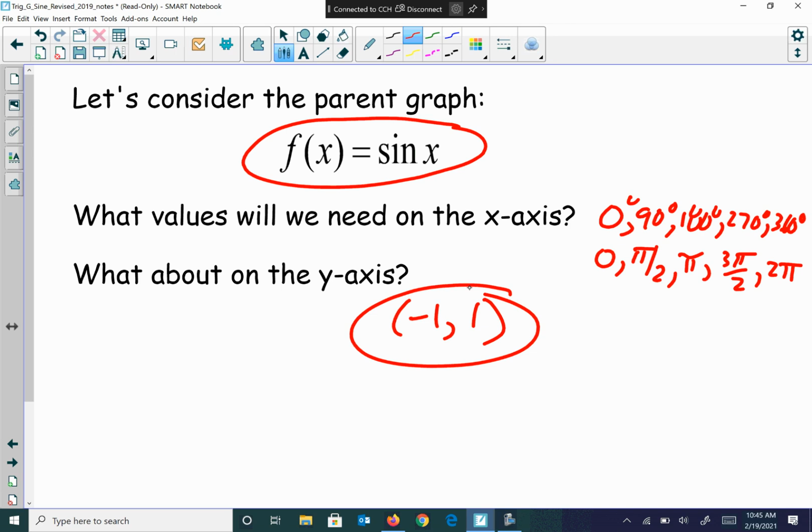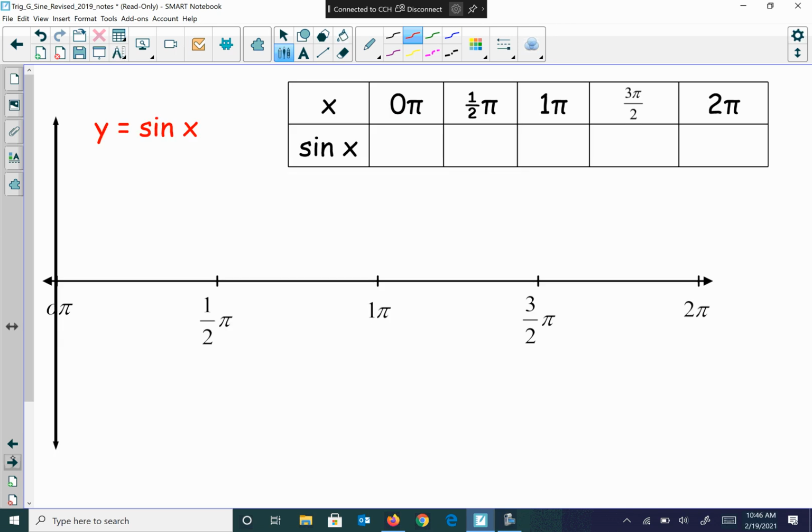Okay? So I know you all have that unit circle somewhere around you. So at least one of you has it out. It's going to be real good. Ready? So we're going to graph sine x. So at 0, remember sine is what value? Y value. So at 0, what's the y value? 0, right?